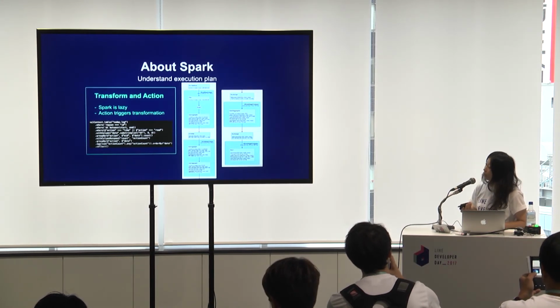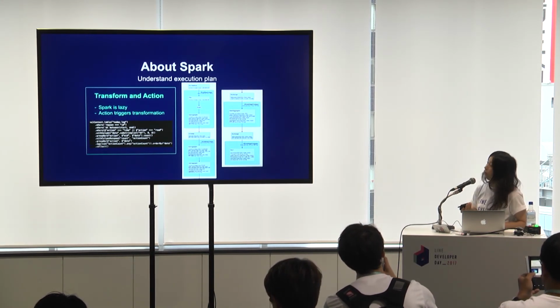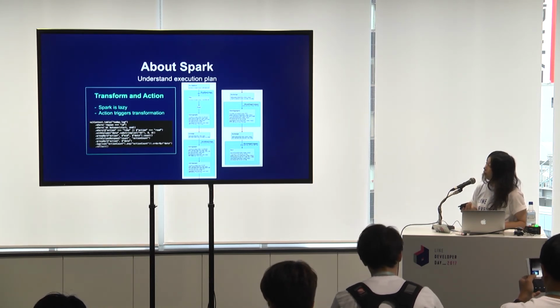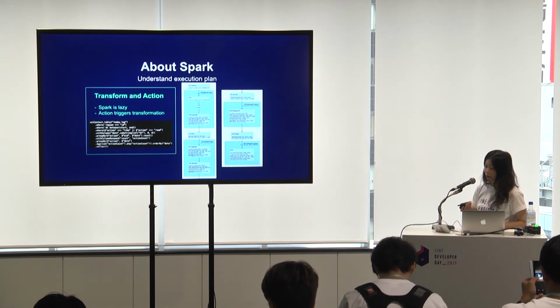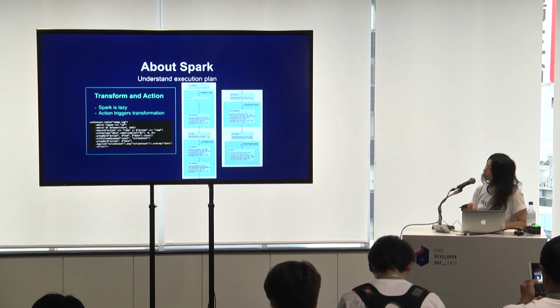For understanding the execution plan, you need to have ideas about transformations and actions. The data will go through a lot of transformations and finally be returned by actions. The transformations will be triggered by an action.